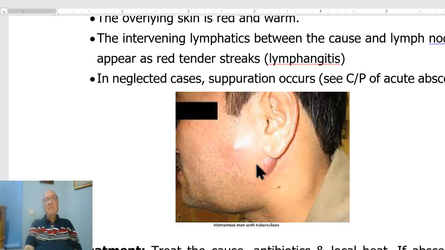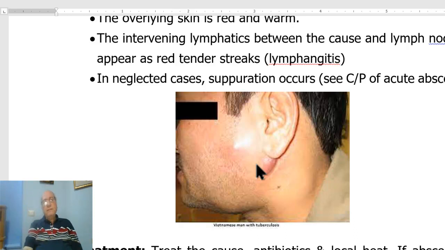These are the inflamed lymph vessels, which is lymphangitis. In neglected cases, manifestation of suppuration occur, as we said before, in acute abscess.